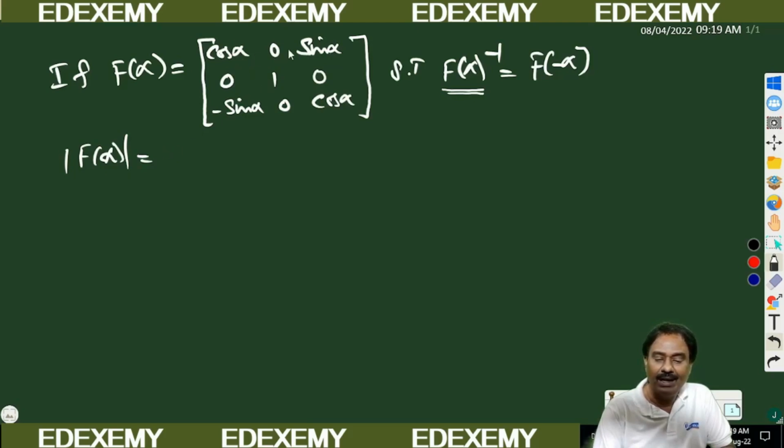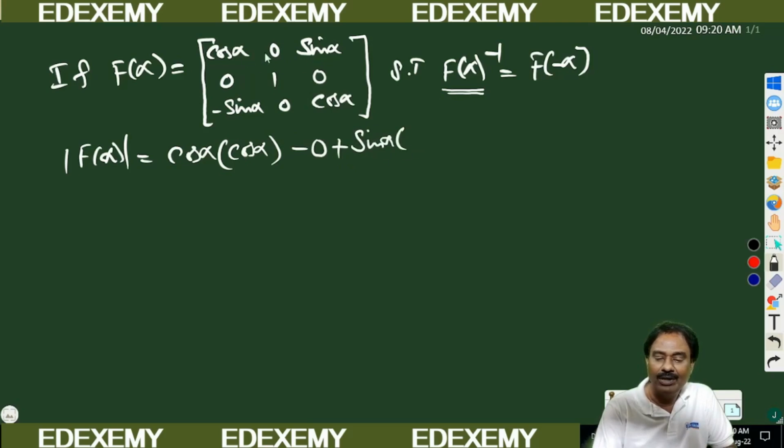Now, expanding through row 1, you will get cos alpha into 1 into cos alpha is equal to cos alpha, and here 0 into 0 is 0, therefore, you need not put it. Next, minus of 0 into anything is 0, therefore, third plus sin alpha.